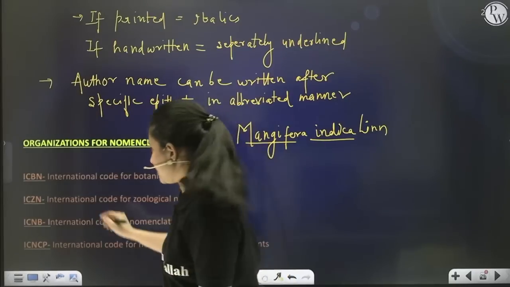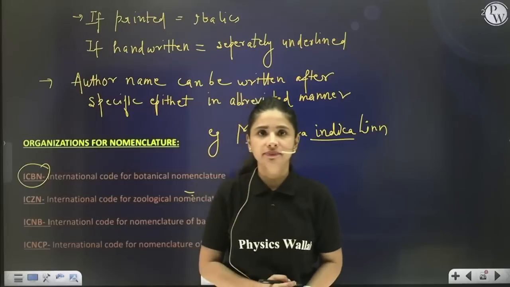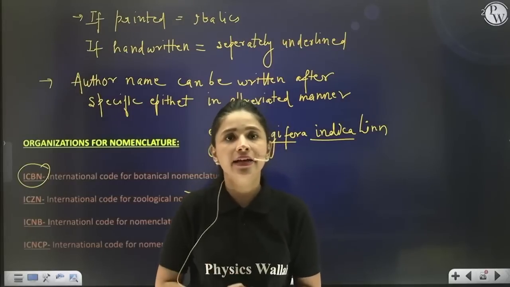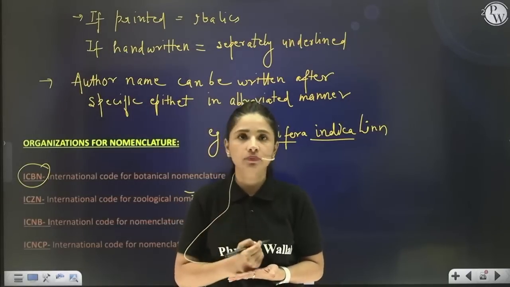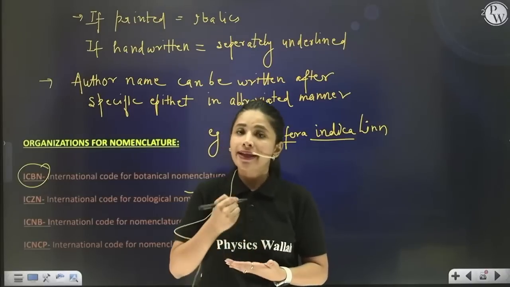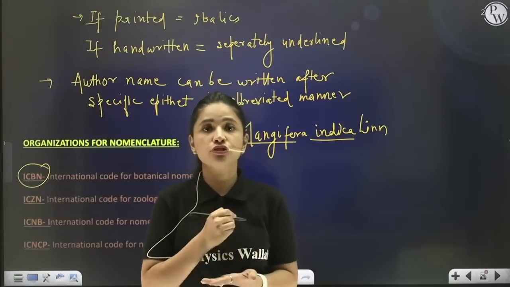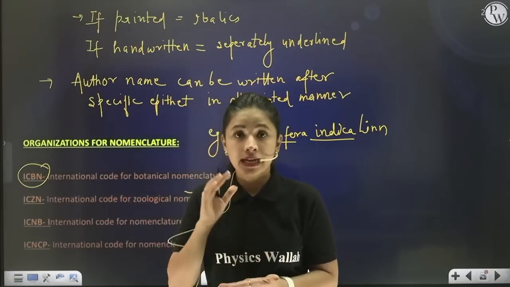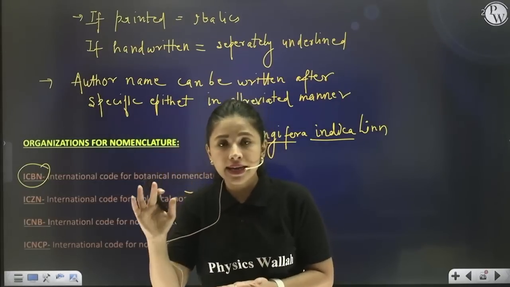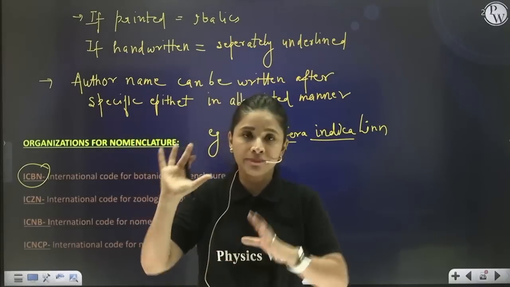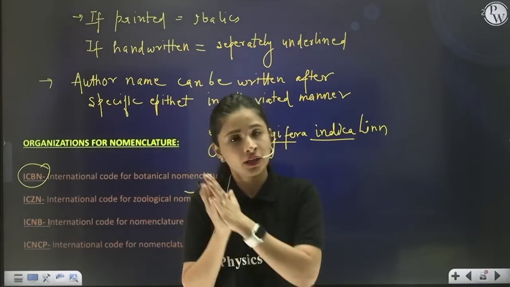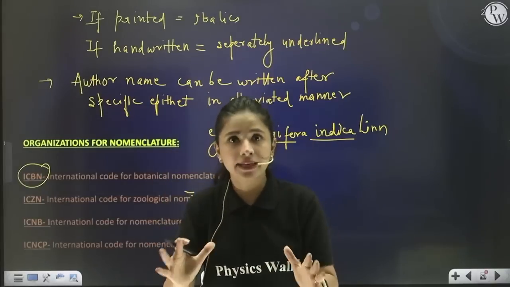Number one is ICBN. ICBN stands for International Code for Botanical Nomenclature. Bachcho, this organization is responsible for checking the correct names of the members of kingdom Plantae. All plant related nomenclature, are they correct or not?